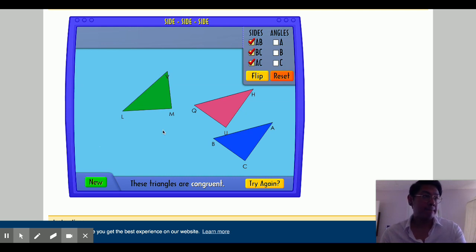So because I cannot give a counterexample, something that proves this theorem wrong, I believe that side, side, side is an official shortcut to tell whether or not two triangles are congruent. All right. I'm going to pan over to my notebook and I'll show you guys how I updated it.